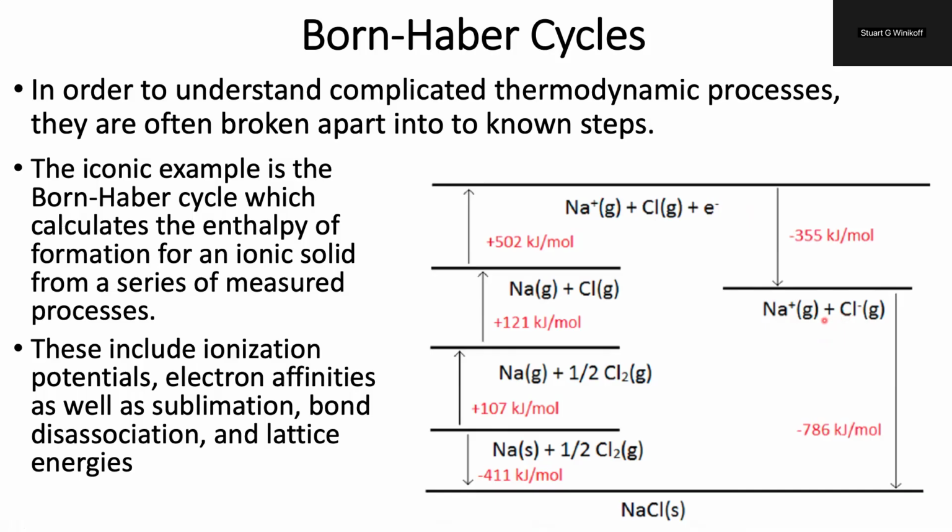And then we have something called the lattice energy, going from independent sodium and chlorine ions into sodium chloride. All five of these steps can be accomplished experimentally, and so we can add these together to figure out the unknown system.